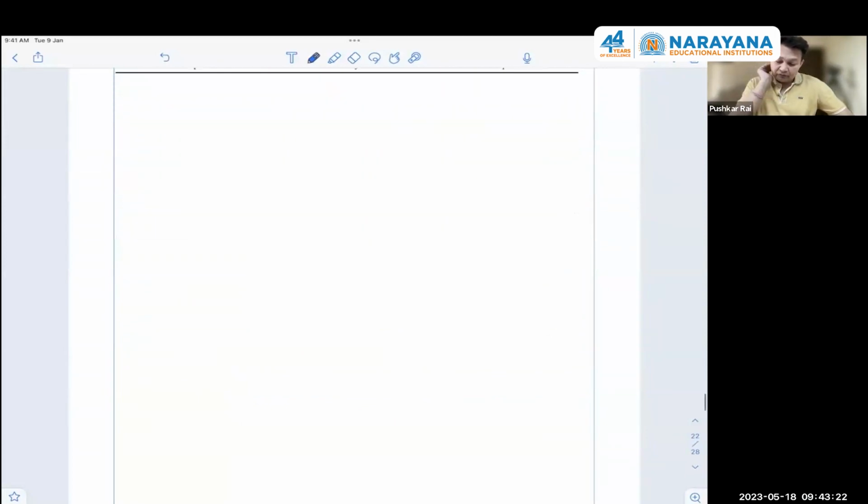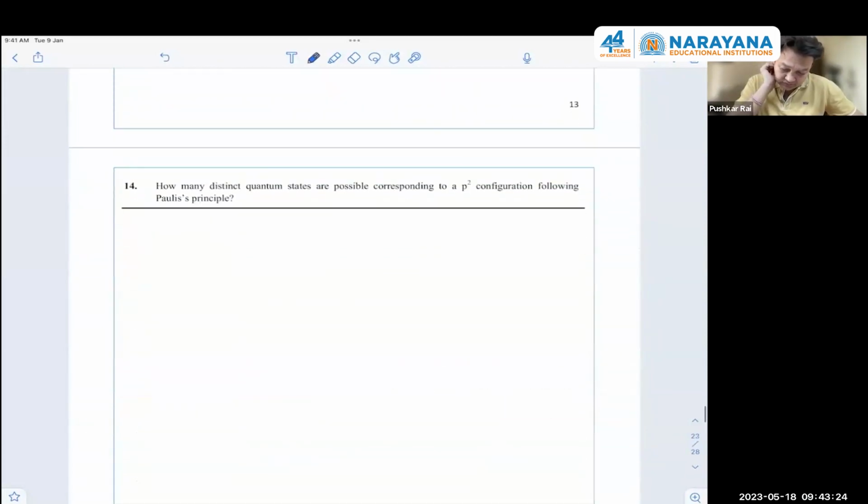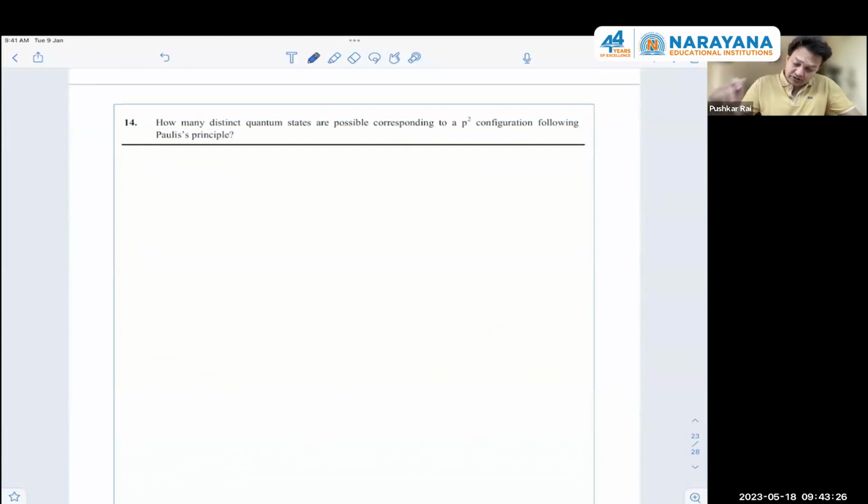Question number 13 and 14 is routine one. How many distinct quantum states are possible for a P2 configuration? Last time I've given you the hint. In this case, you simply use the Pauli exclusion principle. No two electrons should have the same set of all four quantum numbers. So in a P configuration, there are three orbital states, +1, 0, -1.